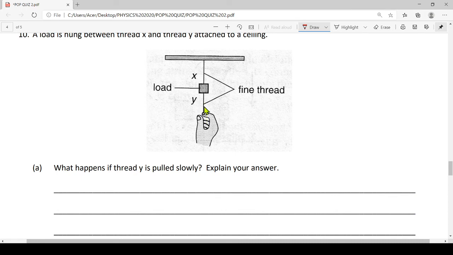So that force will have the time to go up here until thread X. So what happened? The force will be accumulated here, so the tension builds up, and finally thread X will be broken.